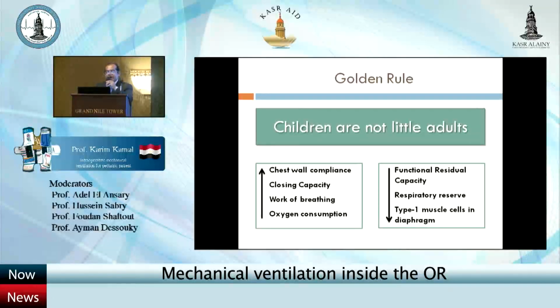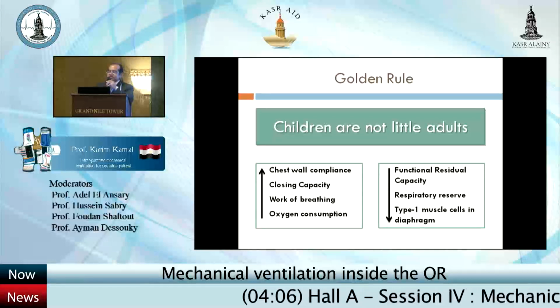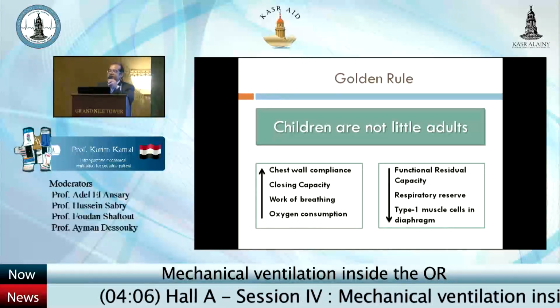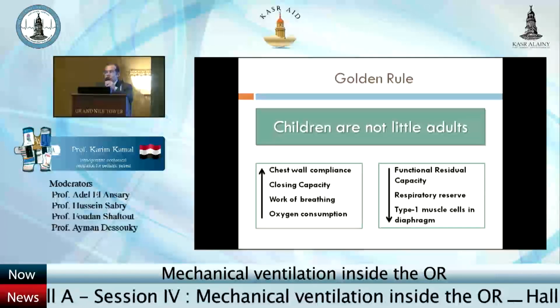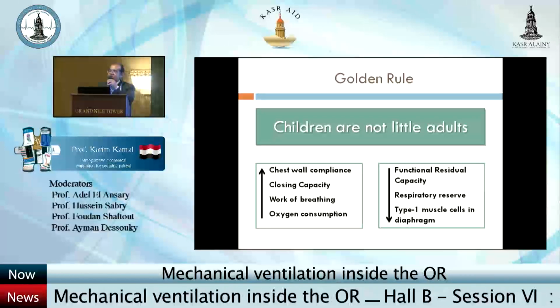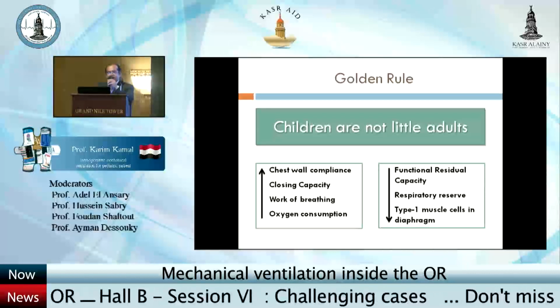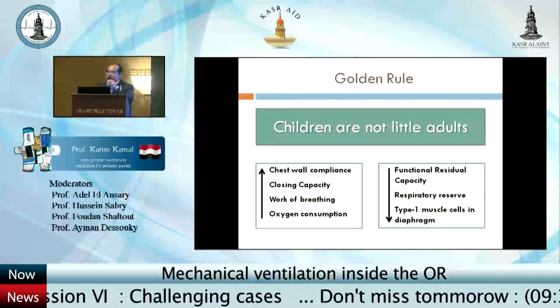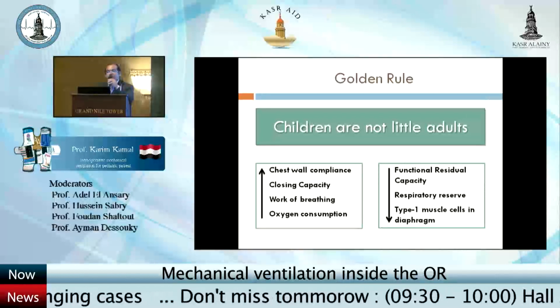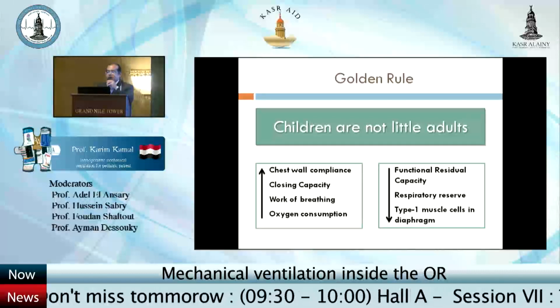And on the other hand, they have decreased functional residual capacity, decreased respiratory reserve, and a decreased number of type 1 muscle cells in the diaphragm, with easy fatigability of the respiratory effort. So they are different. The concepts you use in adult ventilation might not apply in pediatric ventilation. So you cannot deal with children as if they are little adults.